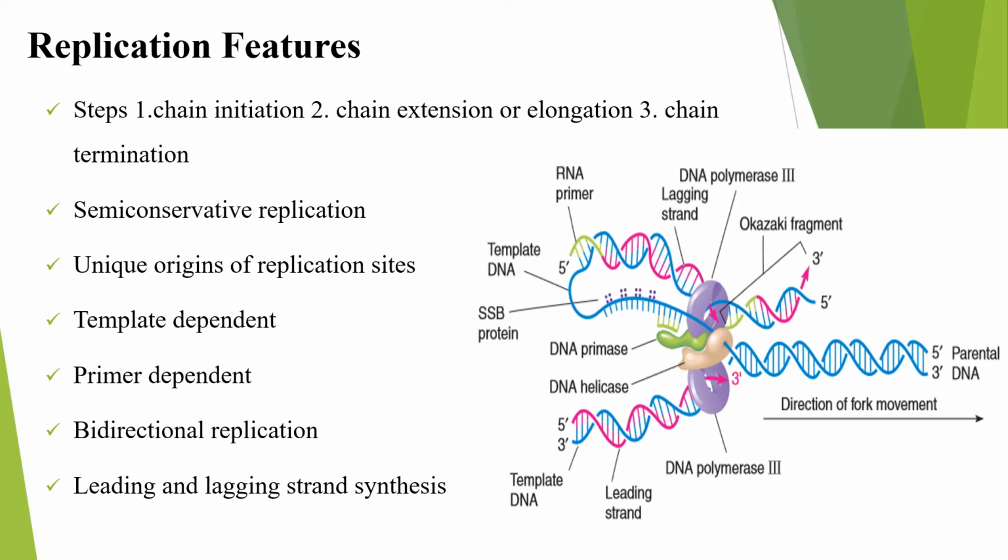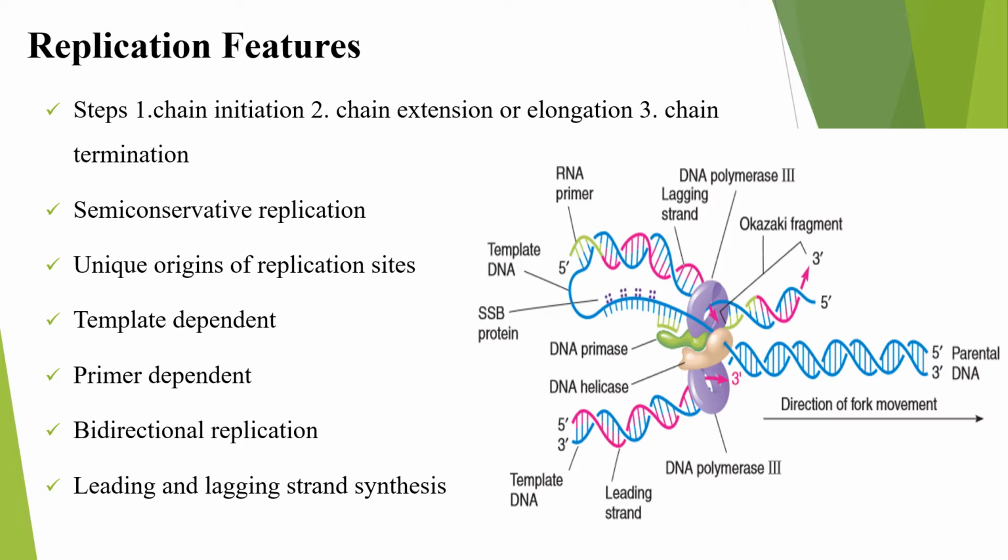Next, the process does not start at any point randomly, but there are specific sites called ORI sites from which the DNA replication process starts, and it is usually bidirectional, moving in both directions from the point of origin. The process is template dependent as well as primer dependent.